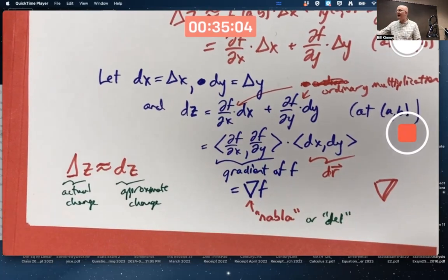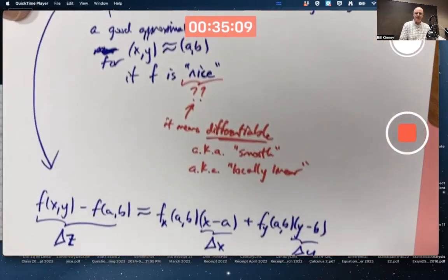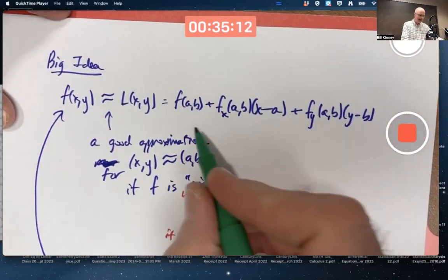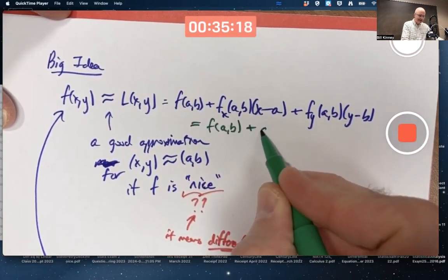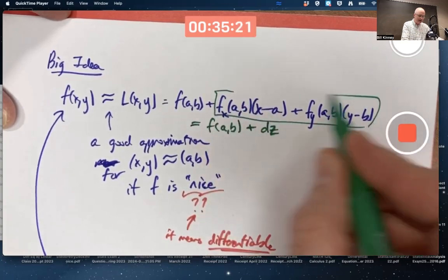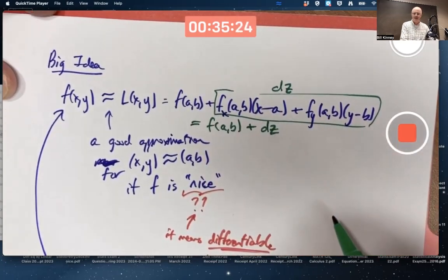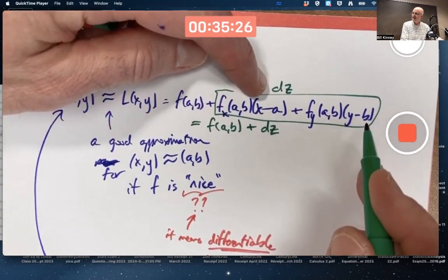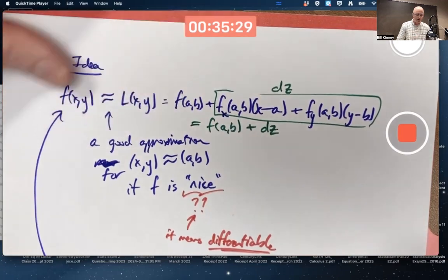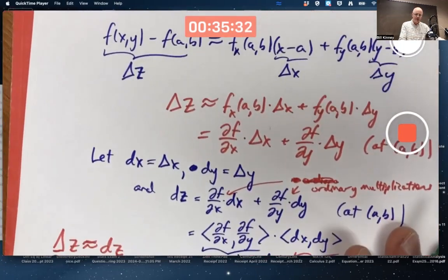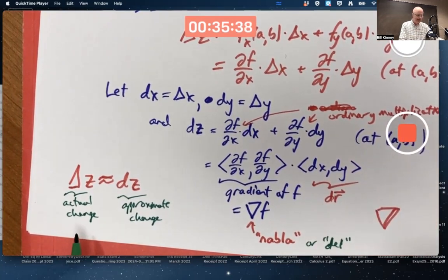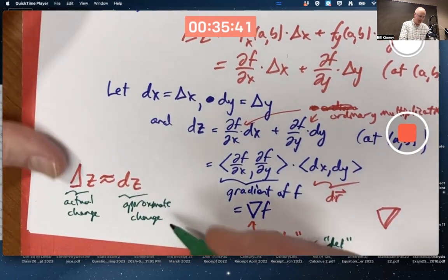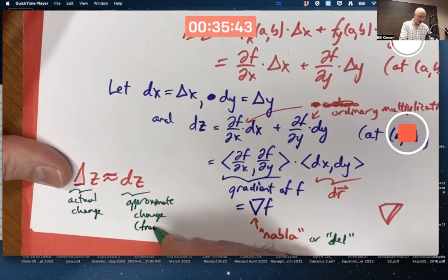That is really coming from the L function up here. Coming back up here, I could rewrite this as f of a b plus dz. I could think of this entire thing as being dz. I think of that as dx and that as dy. As far as we're concerned right now, it's just a way of thinking about the linear approximation. The actual change that we want to approximate is approximated by the approximated change that comes from the local linearization.